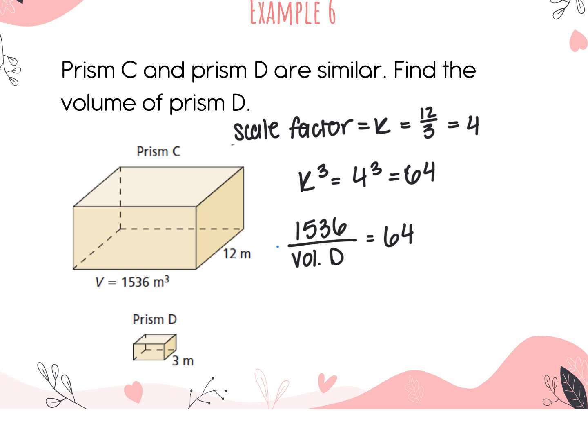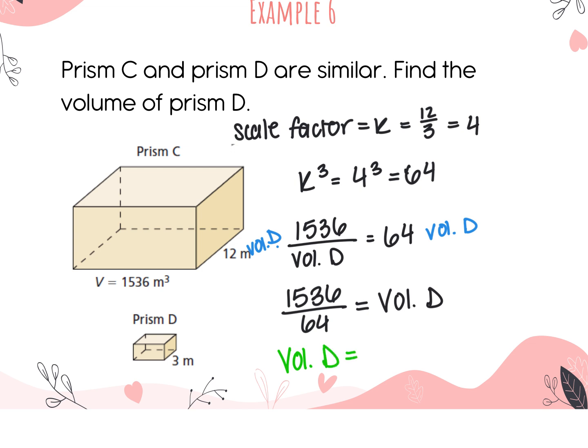I'm going to multiply both sides by volume D. And then I'm going to set it up. It should be 1536 over 64, and that's going to give me my answer for volume D. So plugging that into my calculator, if we solved it correctly, volume D is going to equal 24 meters cubed.